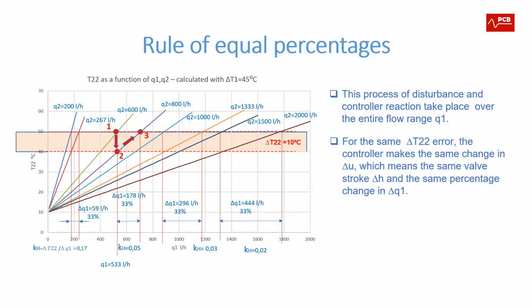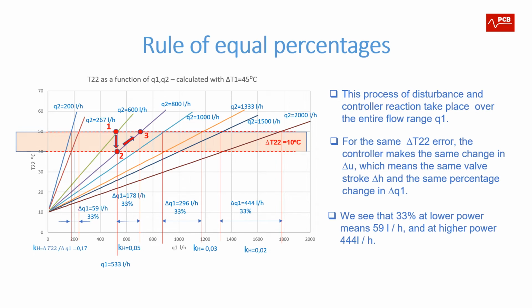It is 33%, but in liters per hour it is of course quite another number. At the beginning there is 59 liters per hour, and we can see at the end there is 444 liters per hour, but always 32%.